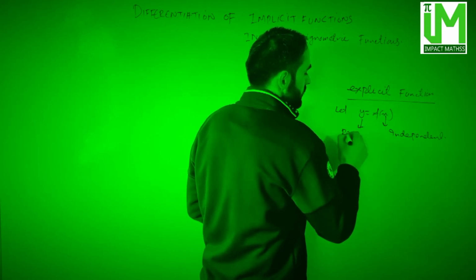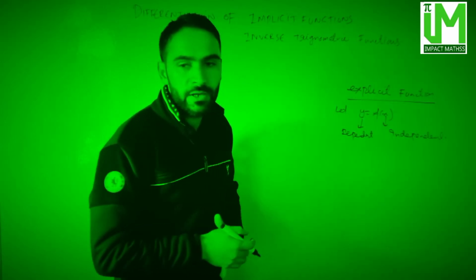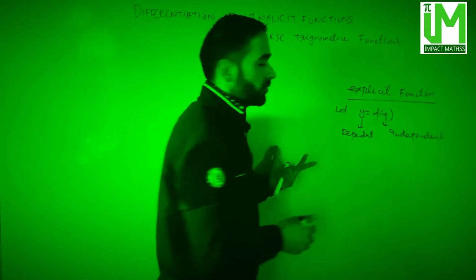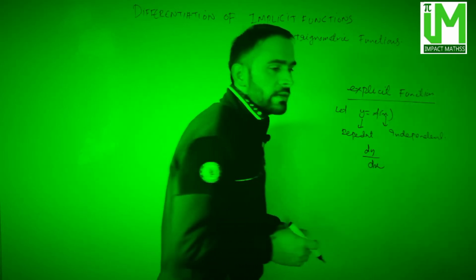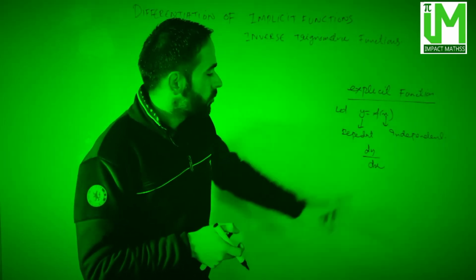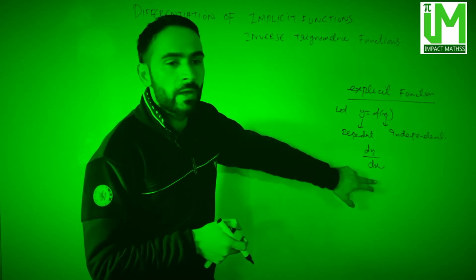We always differentiate with respect to the independent variable, so we find dy by dx. That means we differentiate the dependent variable with respect to the independent variable.